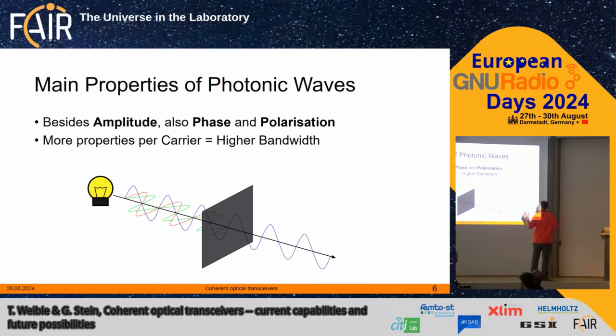The other thing is, I was talking about coherent light. I was talking about amplitude, right? 1 and 0, and where's the threshold to measure through the photodiode.